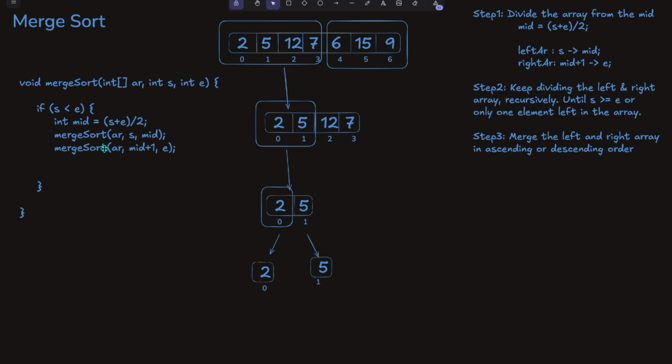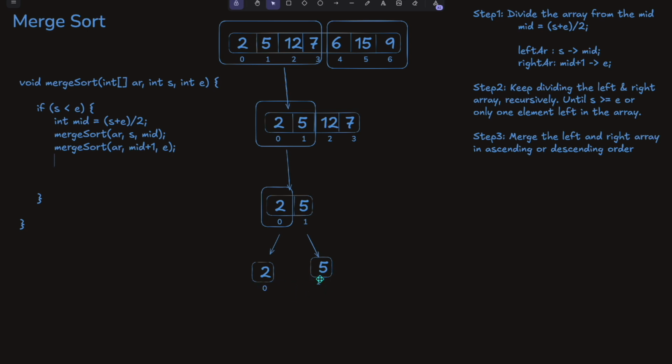As you can see, after returning from merge sort in the previous stack, it will take mid plus 1 as the start, which is 1, and the end, which is again 1 here, and it will call merge sort again. Here also you can see s and e are equal, which is 1. So this will not execute this block and this will complete the method execution, and it will come here again. So when you come here and try to execute the next line, there is only one element left.